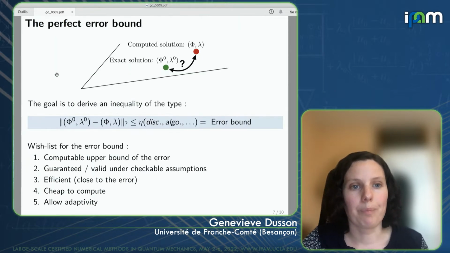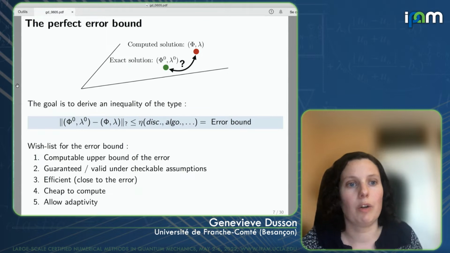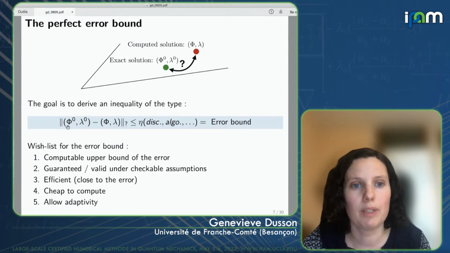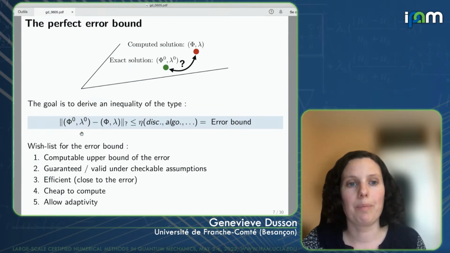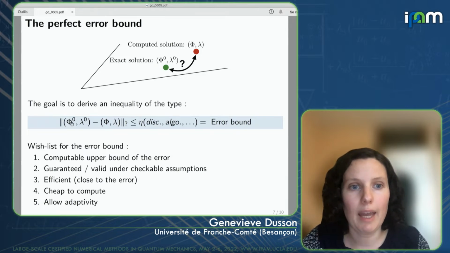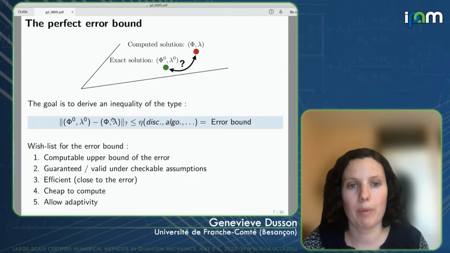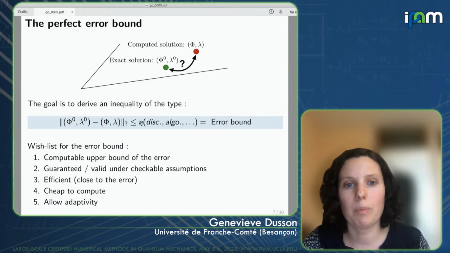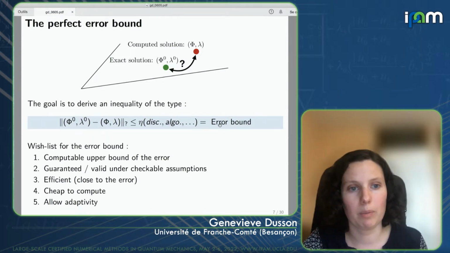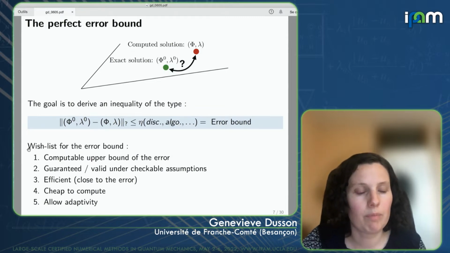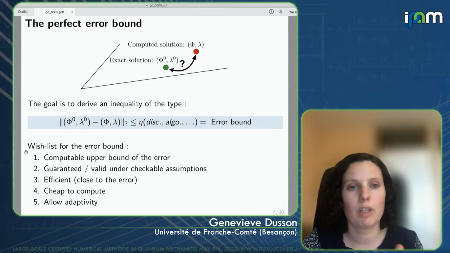And so to obtain such error bounds, the idea is really to derive an inequality between the error, so the exact solution and the approximate solution of the problem, and to bound that by something that will be computable. And so I made a small wish list of such an error bound.